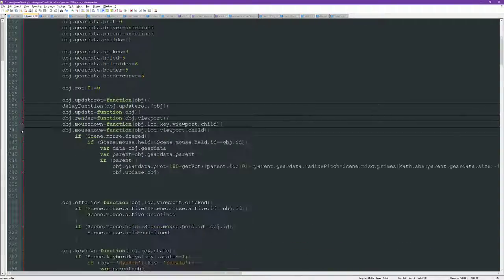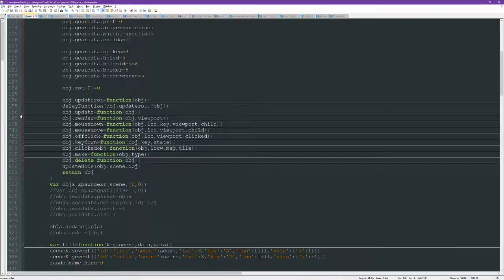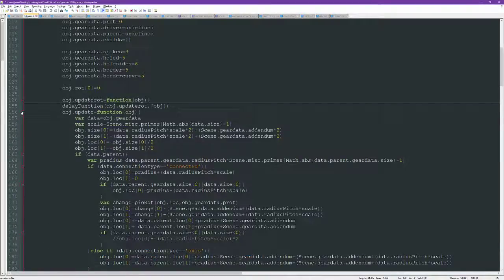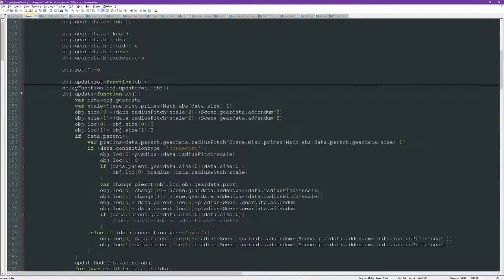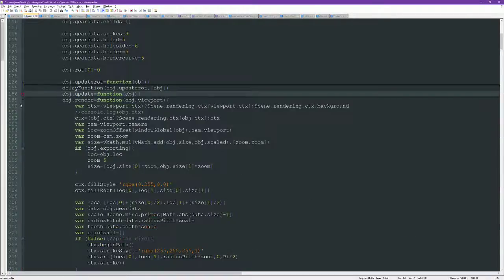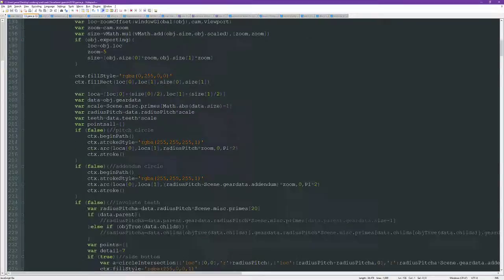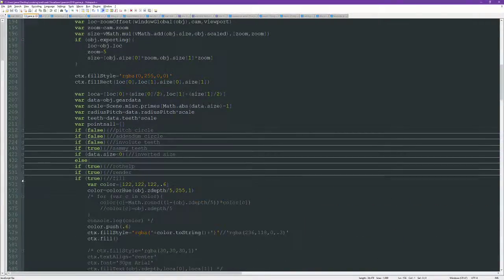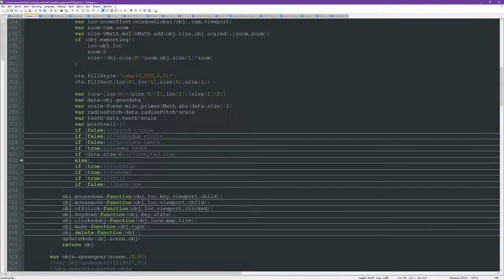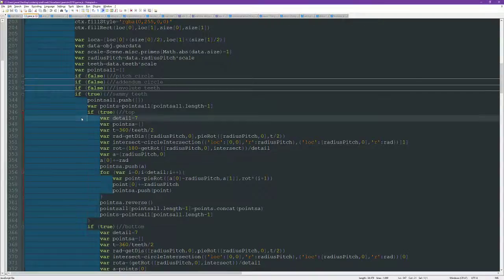Minimize all the junk. Let's minimize everything up to a point or something. Oh, let's update. Delicious.